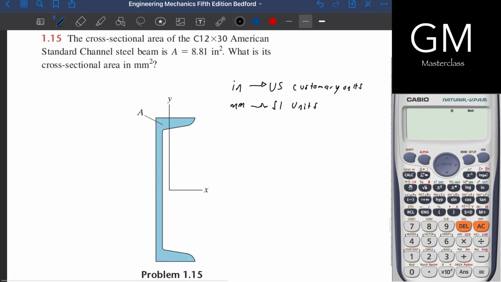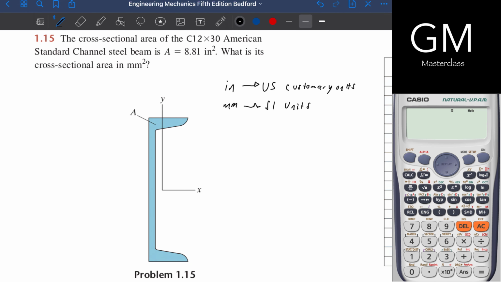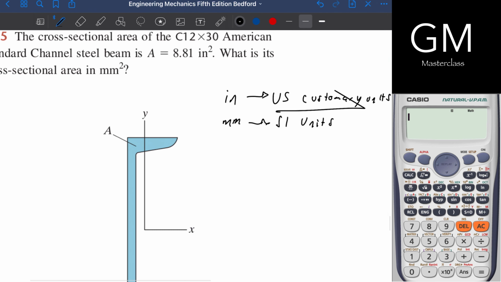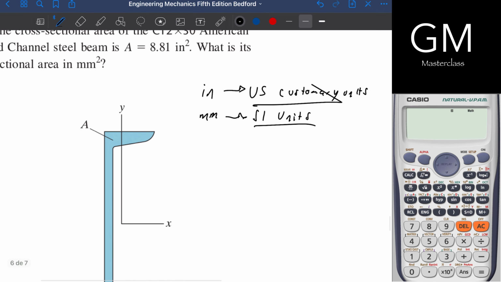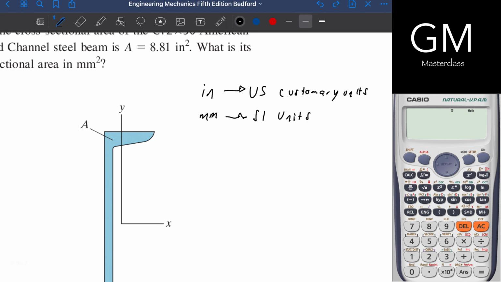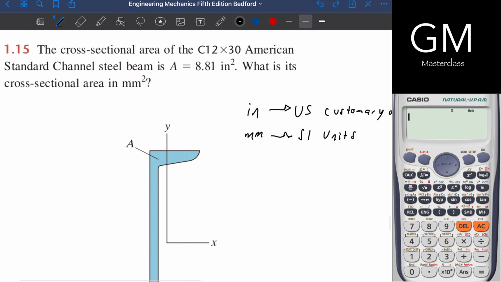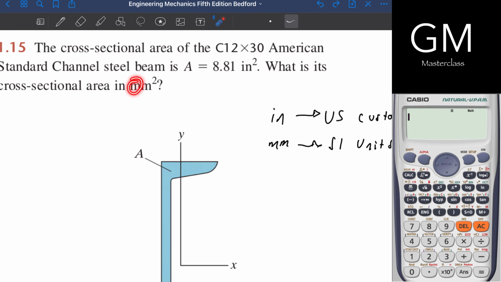So we just have to know the equivalences between one into another, and then we'll find our final result. Then it is important for us to manage this kind of prefixes because milli is not the unit. This is a prefix which means 1 times 10 to the minus 3 power.